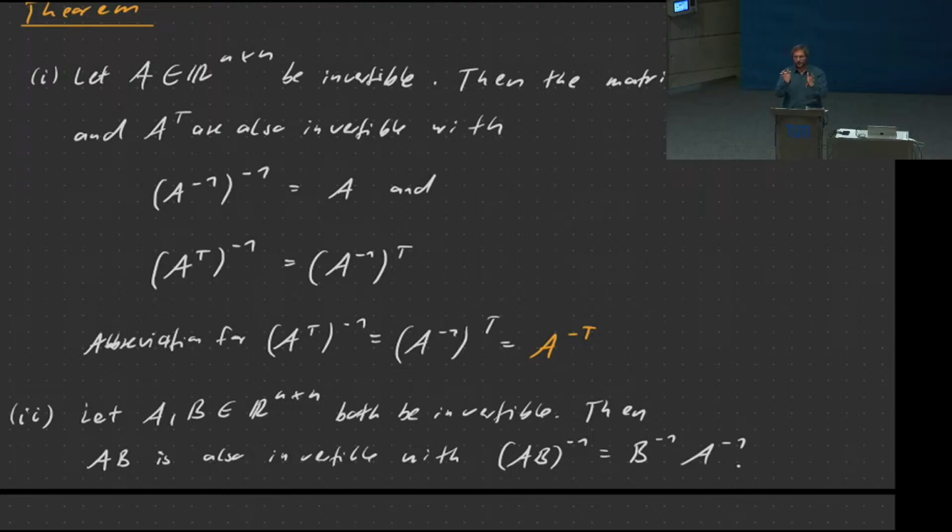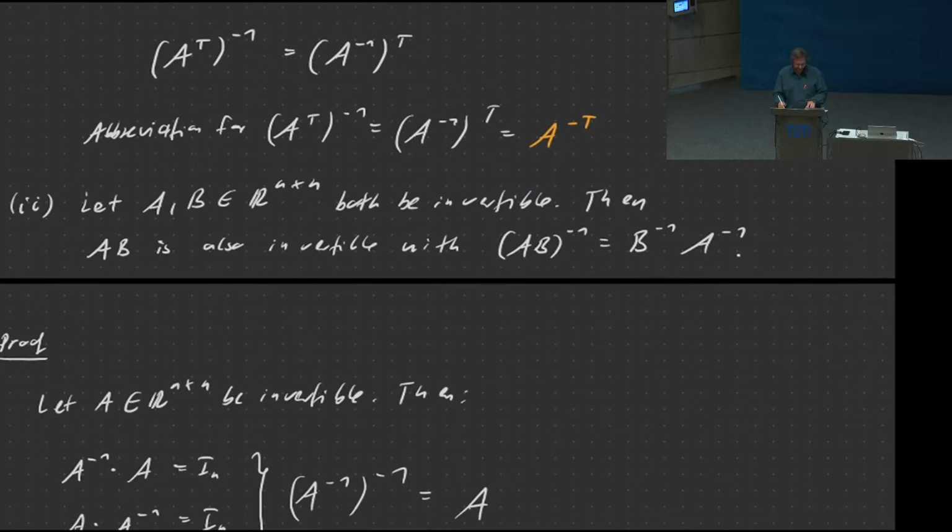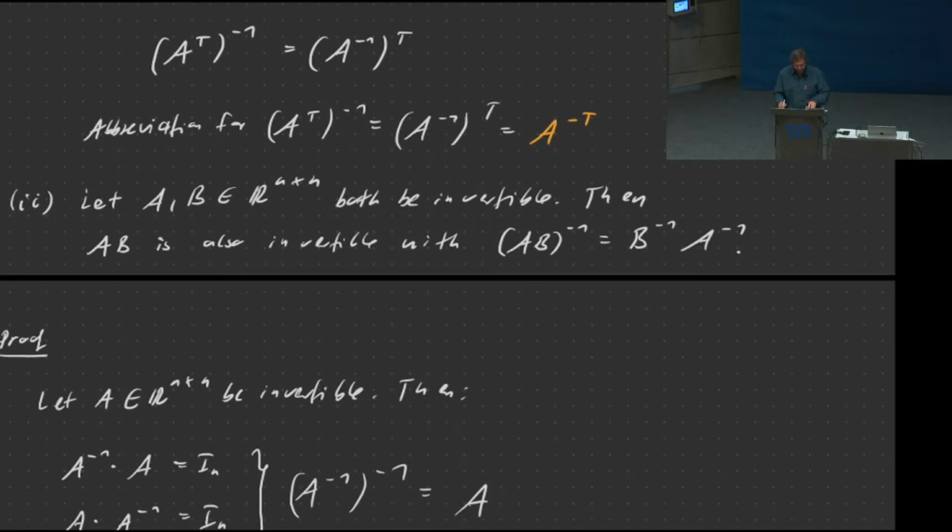It doesn't matter which you do first. Sometimes we'll use a shorthand, but only rarely for this. A to the minus 1 and then transpose. We'll sometimes abbreviate that as A to the minus T. But not very often. Just in case you encounter that somewhere else, you know what it means.